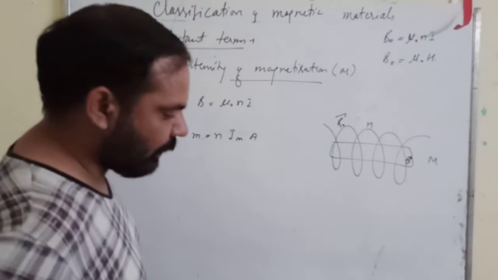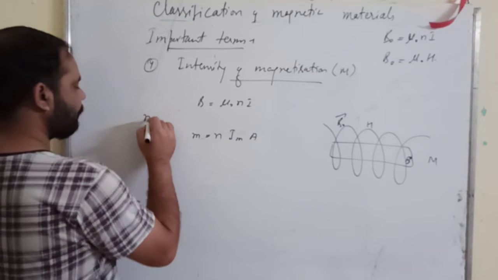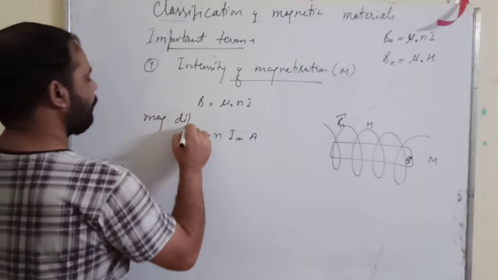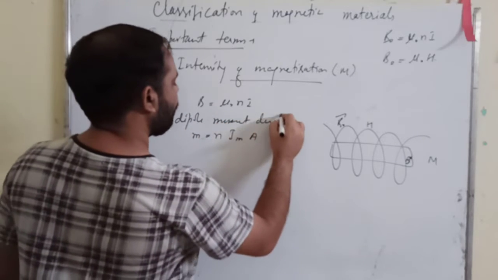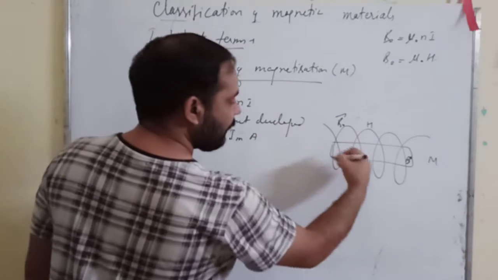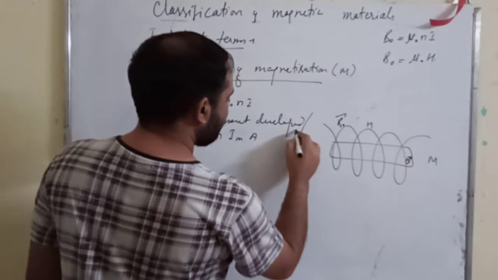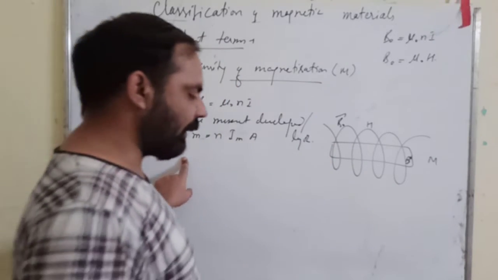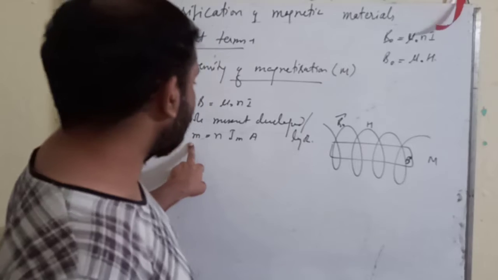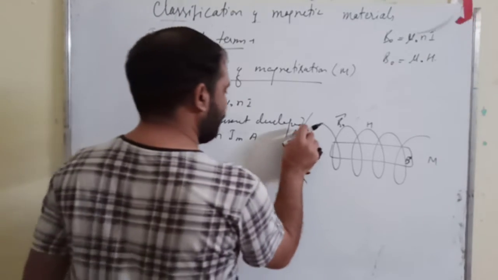Right. Okay, what is M? This is the magnetic dipole moment developed in the material, right? Not per unit length, sorry, the total.